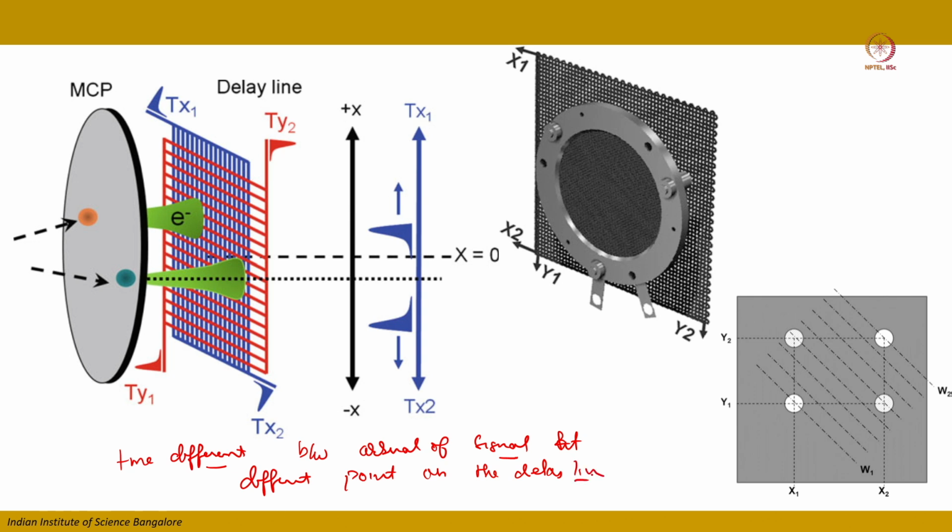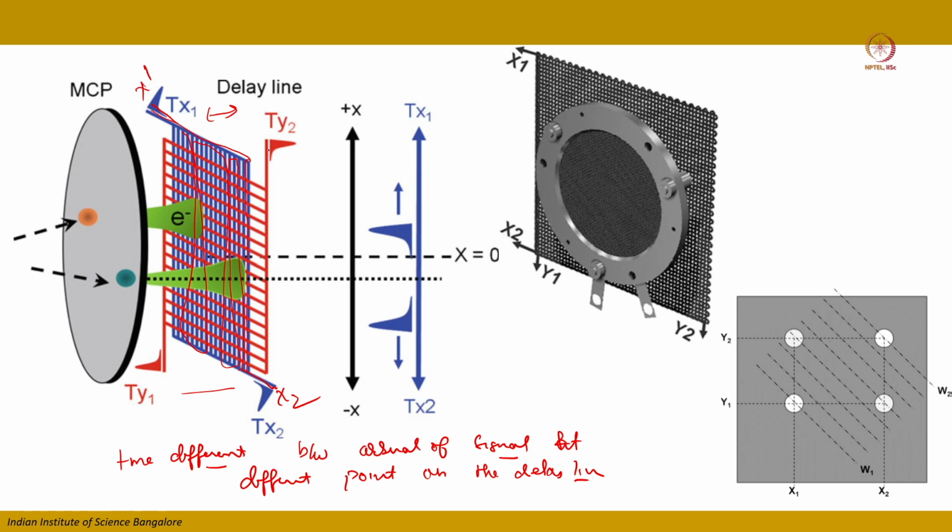Okay, and on the right side you can see a schematic diagram of this delay line detector. These delay line detectors are nothing but a continuous wire, this blue color, which has an end point at x1 and another at x2. These are the two end points.